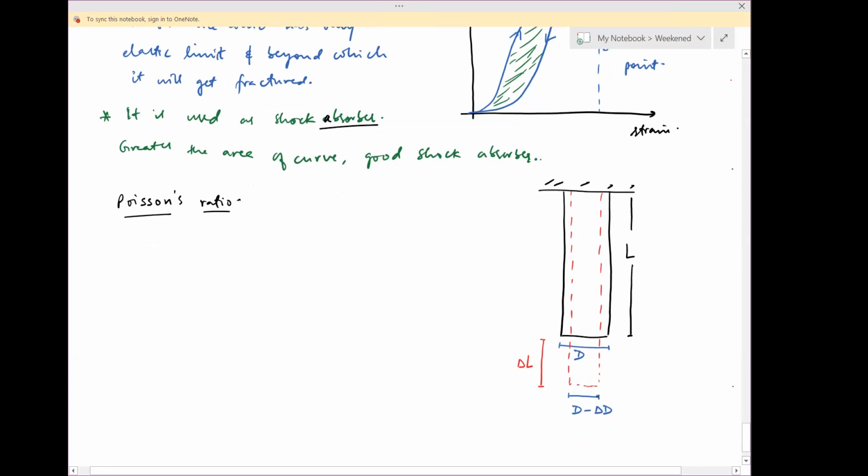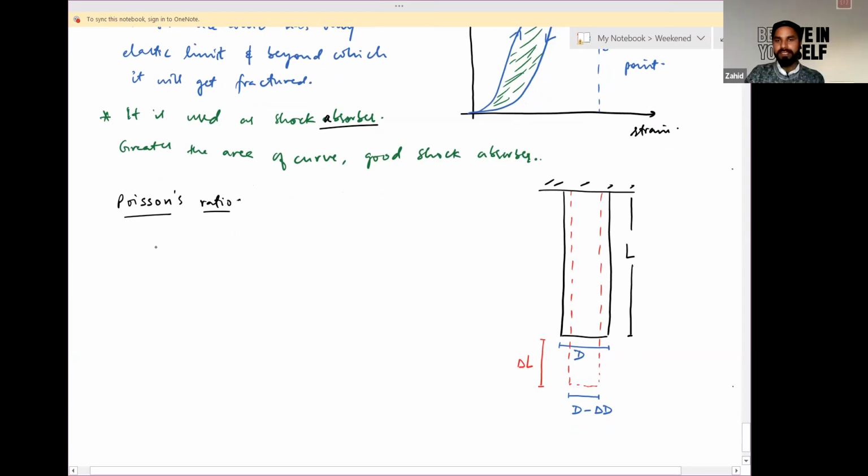Yes. So we have two different deformations. First is in terms of length, which is termed longitudinal strain. It will be delta L divided by L. Second is in terms of its width, which is called lateral strain.